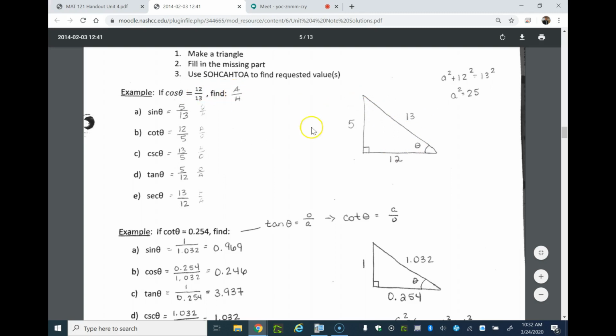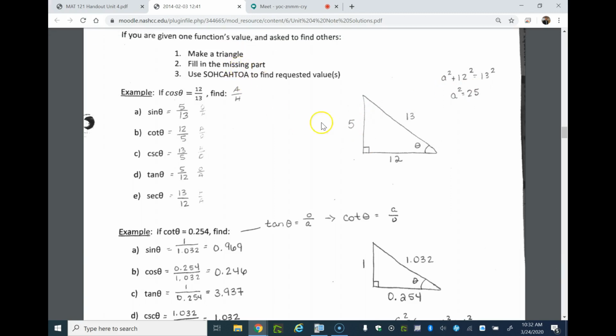And the adjacent is going to be the 12, which represents x. So how do we get 5? Again, use the Pythagorean theorem. 13 squared is 169, and 12 squared is 144. Take it over by subtracting, we get 25. Take the square root of both sides. That's how I got 5 here to figure out my missing side. So the missing part here is the 5.